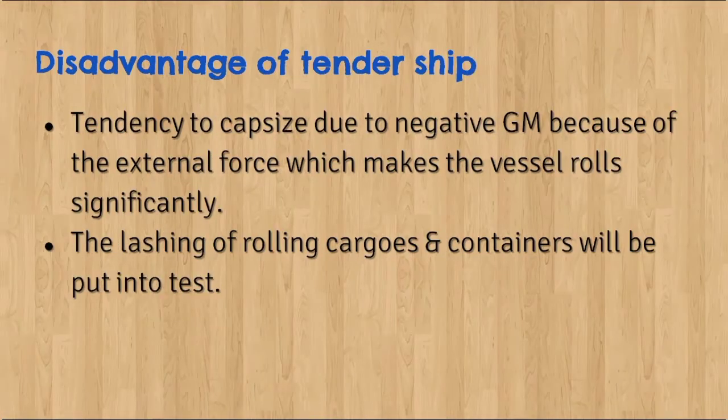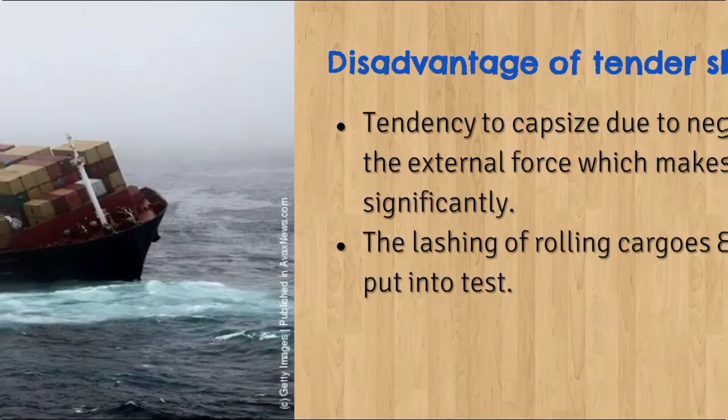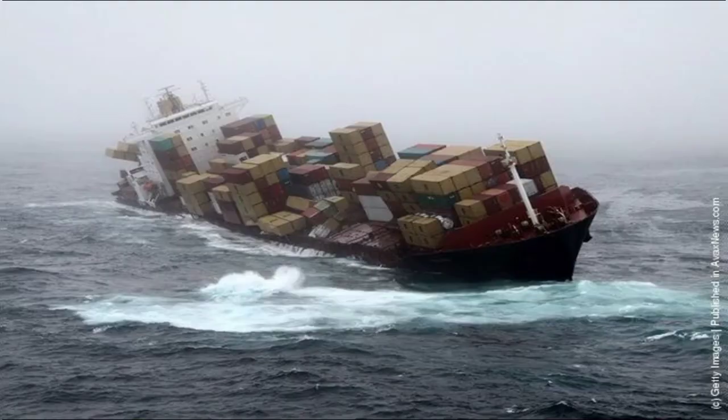Now we also have the disadvantages of being a tender ship, that is the tendency to capsize due to negative GM because of the external force, which makes the vessel roll significantly. And we have also the lashing of rolling cargoes and containers will be put into test, like what happened in this container ship.